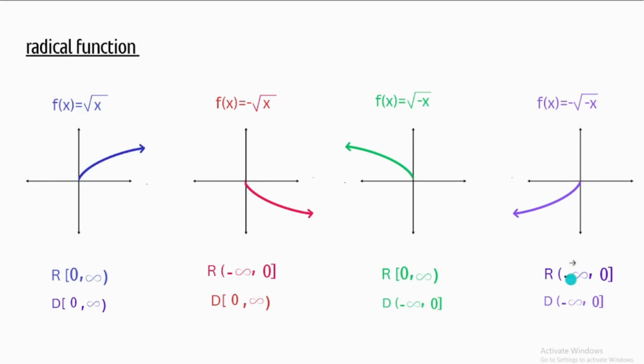When we talk about the range, the range is in the y-axis, from 0 to -infinite. But as I said before, we will start with negative infinite to 0 as a maximum value. And also the same for the domain. It starts from 0 and goes to -infinite, but we start with the smallest value.